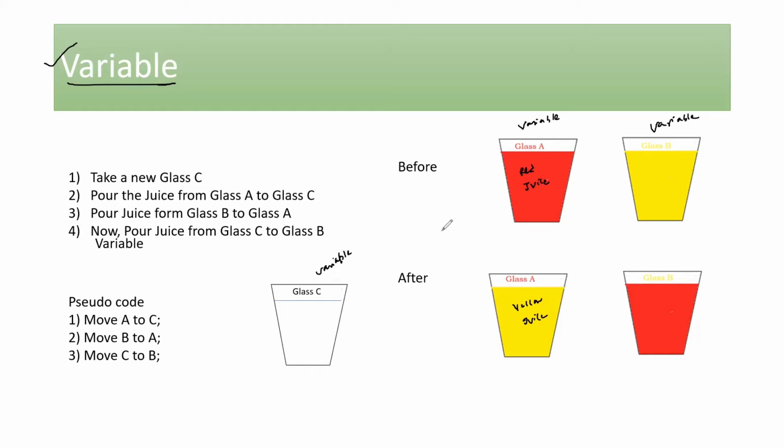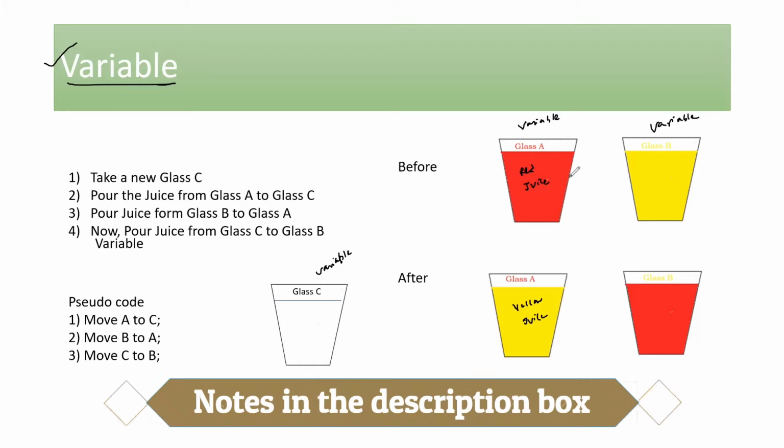So we have 3 different variables: glass A being the first variable, glass B the second, and glass C the third. Using these variables, we were able to transfer the liquids between the two glasses. Initially it was glass A as a variable and glass B as a variable. In order to transfer the values between these two, we used a third variable called glass C.